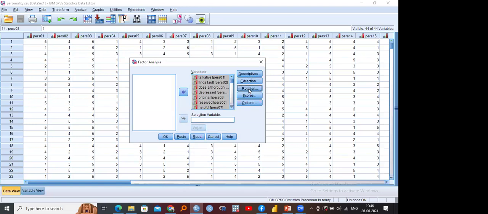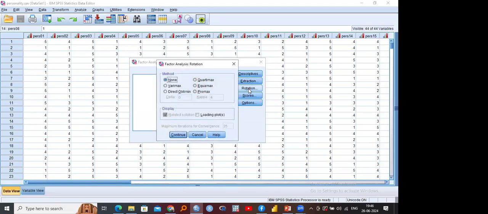Then click on rotation. Now in the rotation, click on varimax. Why am I doing it? This will also be explained in the output. I hope you people are writing it down or taking screenshots, whatever. That is why I'm going slow. So in the method section, click on varimax. Then in display, click on rotated.